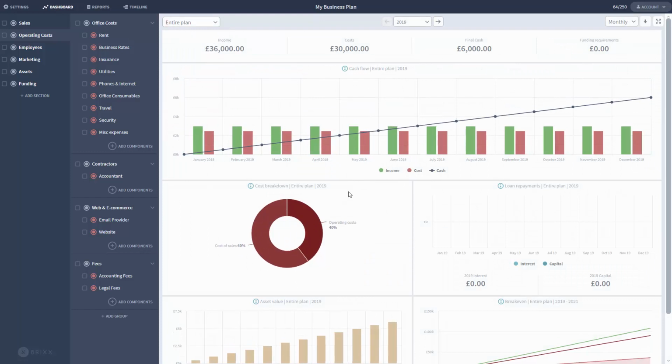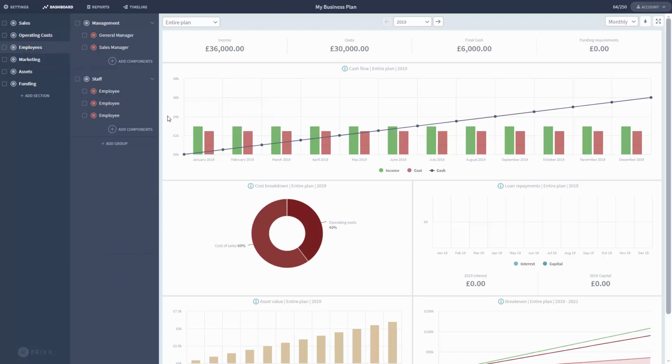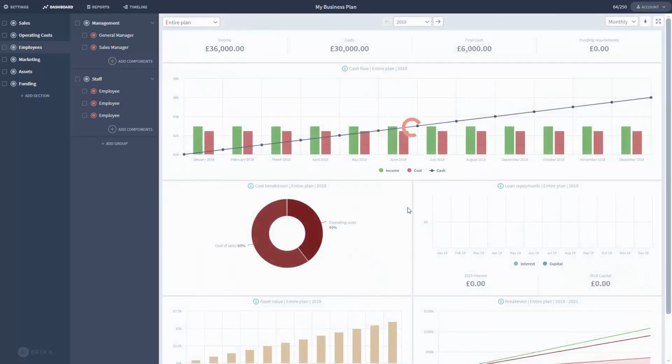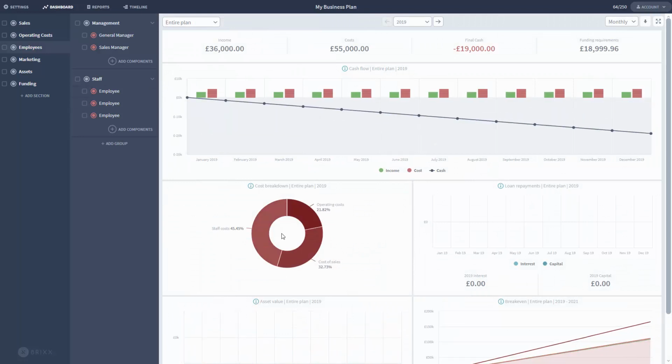So now we've got two different types of costs going on, and you can see the cost of sales there and the operational costs here. There are a number of different costs in Brixx, and you'll see them all reflected here. Another common type is going to be your salaries. So let's give this chap a nice generous salary, or not so generous.